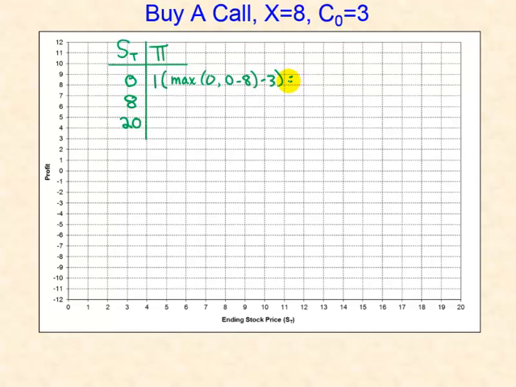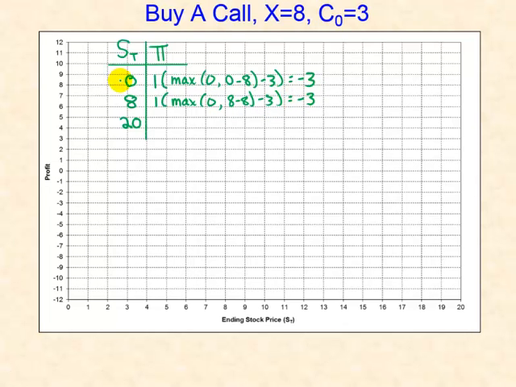Our call profit is minus 3. Let's see what happens when the ending stock price is equal to 8, which is the exercise price on our call option. Our profit will be 1 times the maximum of 0, or 8 minus 8, minus the premium of 3. Again, we have 0 minus 3 gives us negative 3.